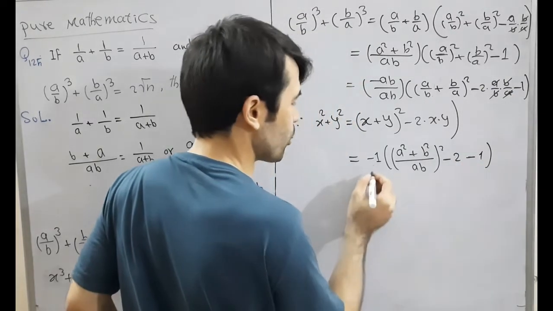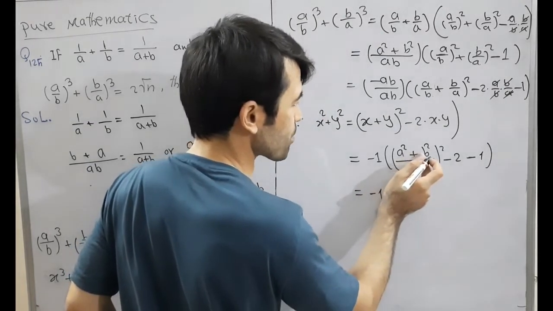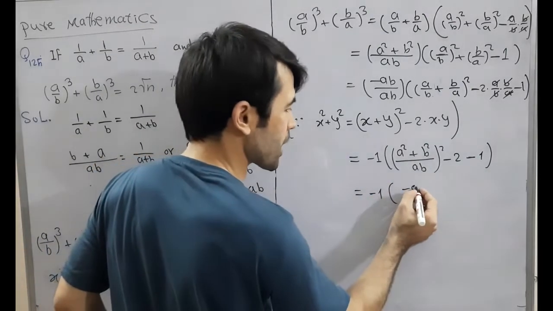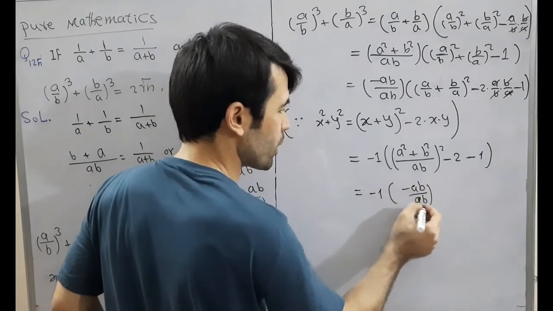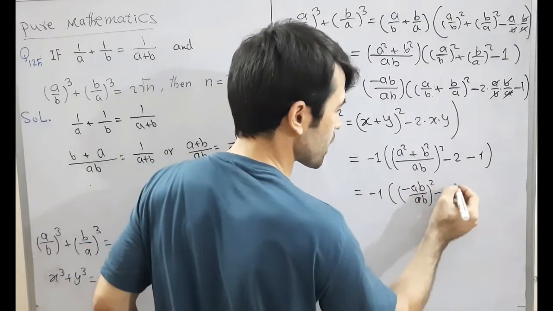It is equal to minus 1 multiplied by a square plus b square. Instead of a square plus b square, we can write minus a into b divided by a into b, whole square minus 2 minus 1, minus 3.